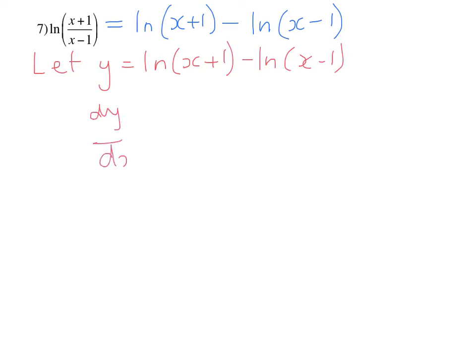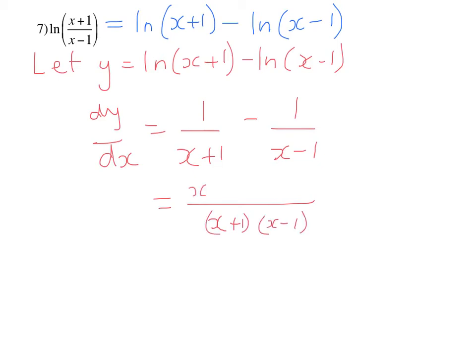So dy dx is going to be the derivative of x plus 1, which is 1 over x plus 1, and then the derivative of x minus 1, which is 1 over x minus 1. Then we could find a common denominator, which is going to be the difference of two squares there: x plus 1 times x minus 1.